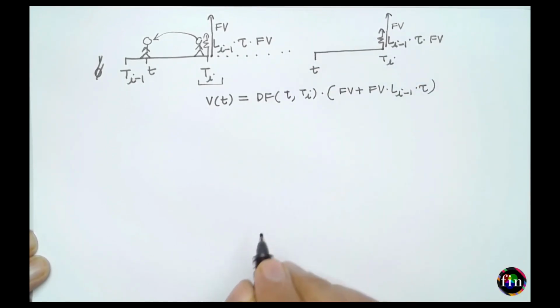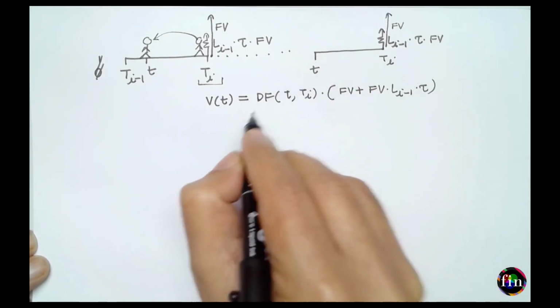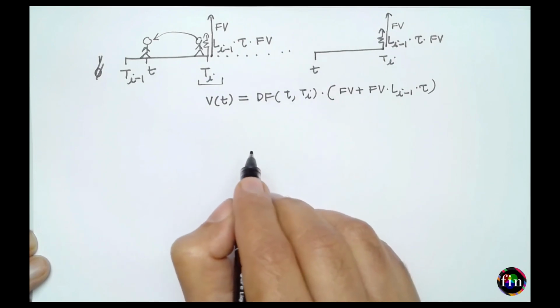This L_{i-1} is already known to you. Okay, so this is the value of my note if I am not standing on any coupon or reset date.